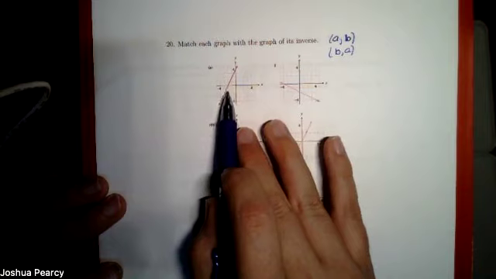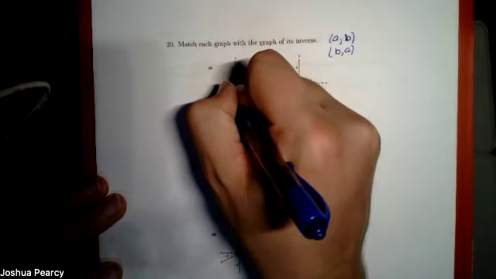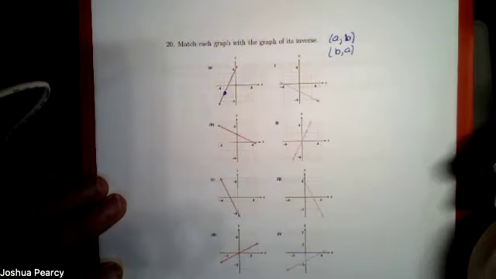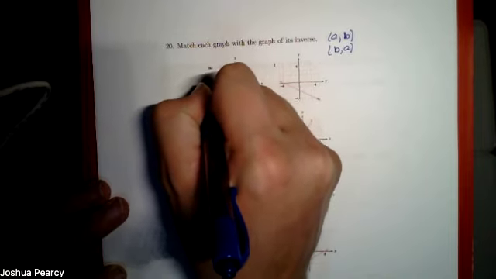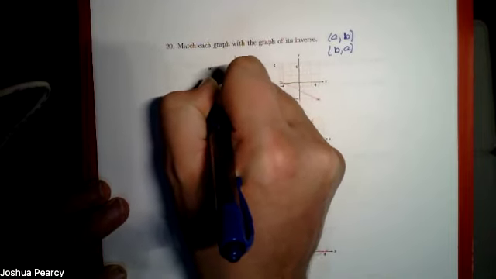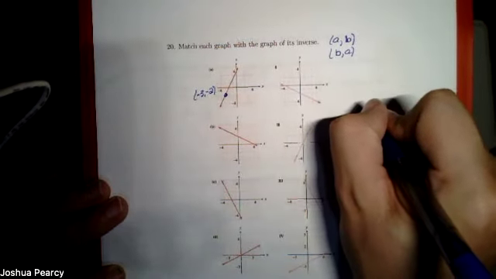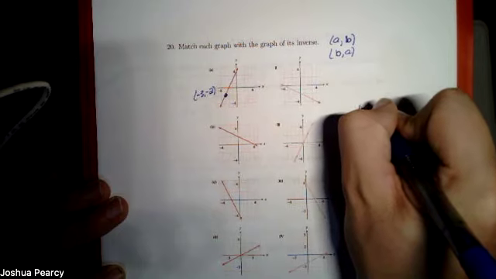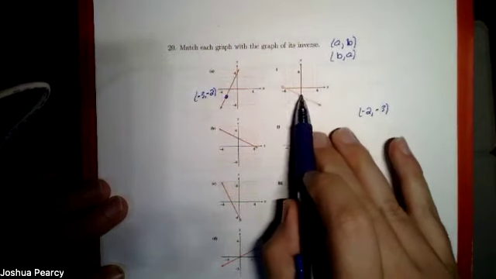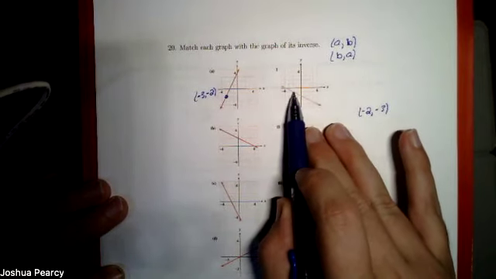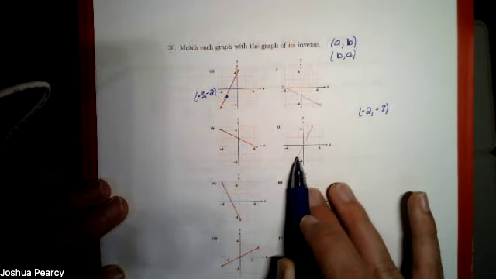So let's look here at 1, 2, -3, -2. So I'm looking at this point here, (-3, -2). So I need to look and see what graph over here has the point (-2, -3). So here, this first one does not have the point (-2, -3). Does this one? 1, 2, 1, 2, 3.